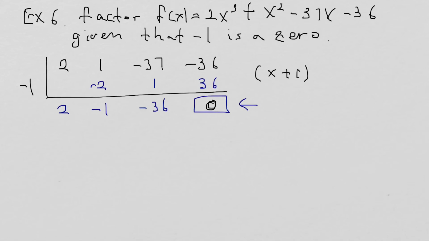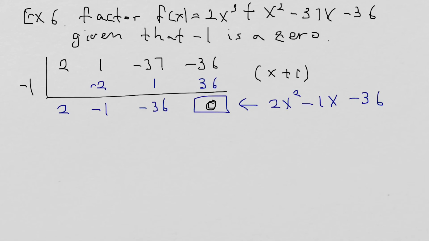Well, your next factor comes from here, which is going to be 2x. You start with cube, so it will be square minus 1x minus 36. And we can find 2 more solutions. This is a cubic function. Cubic functions have 3 solutions. And you have 1 factor, so you can find the other 2 from factoring this quadratic equation.